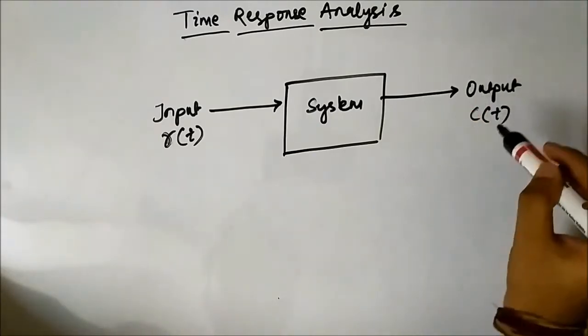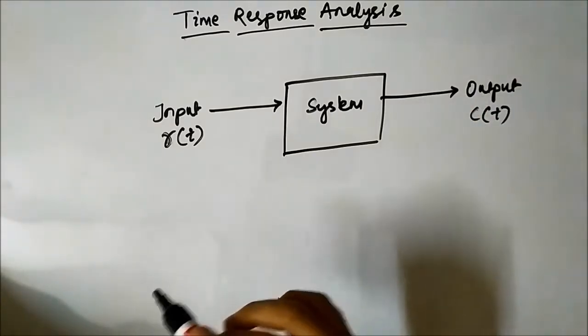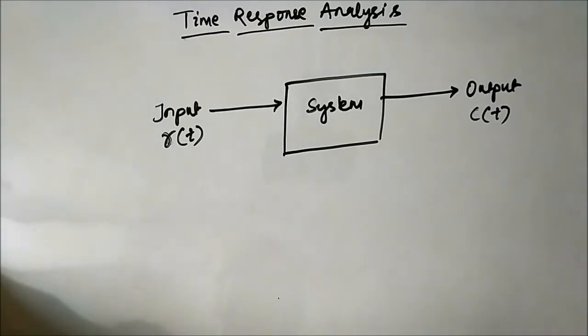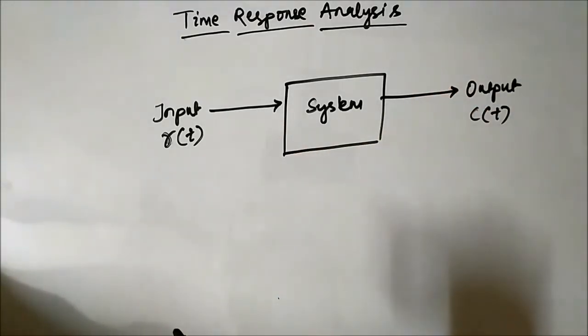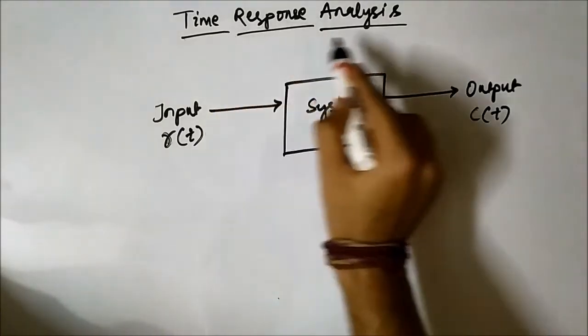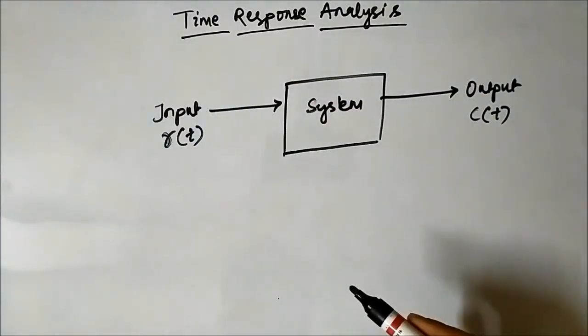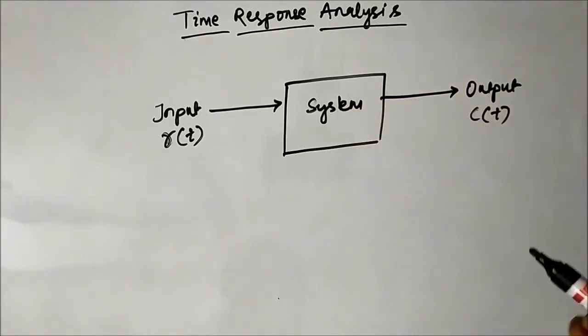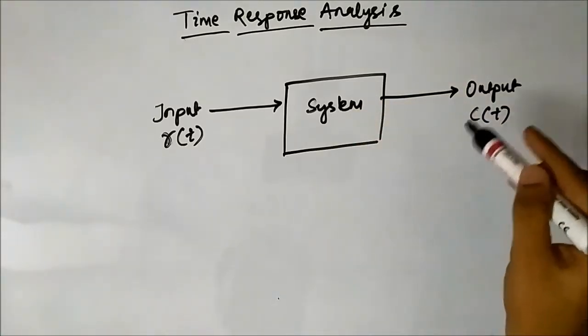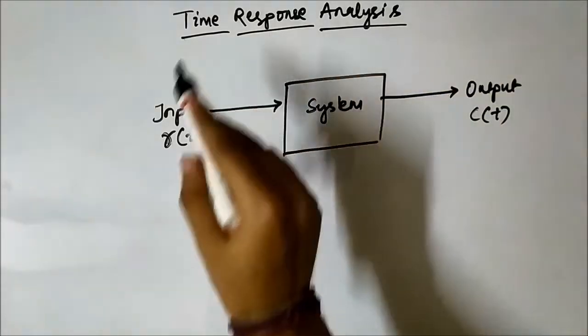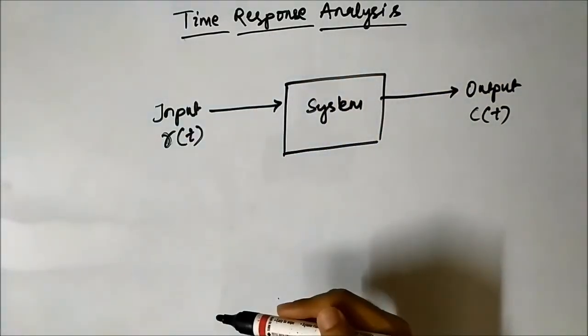So this variation of the output of the system with respect to time is called the time response of the system. And the study of the output with respect to time is called time response analysis.